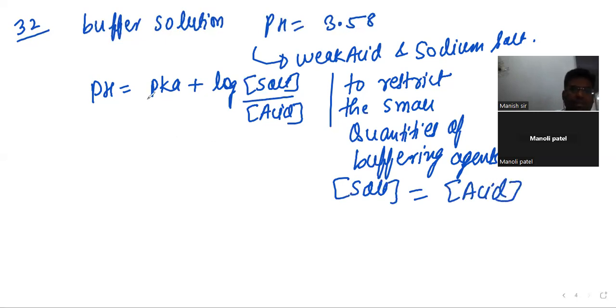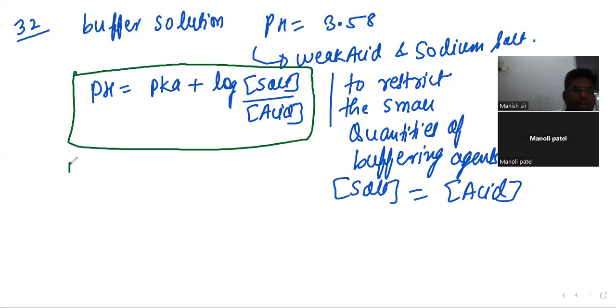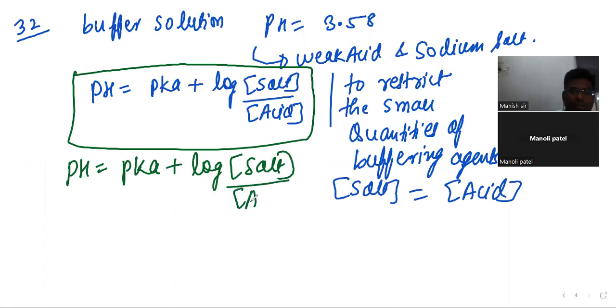So the equation reduces to pH equal to pK plus log of salt upon acid. These concentrations are equal, so the ratio becomes 1, and pH is equal to pK.